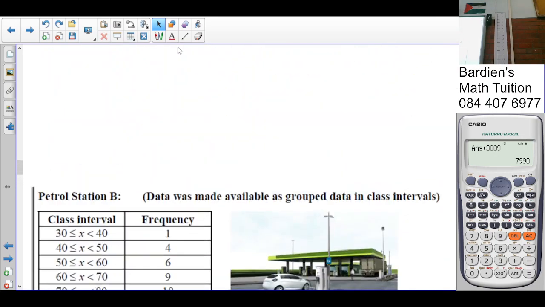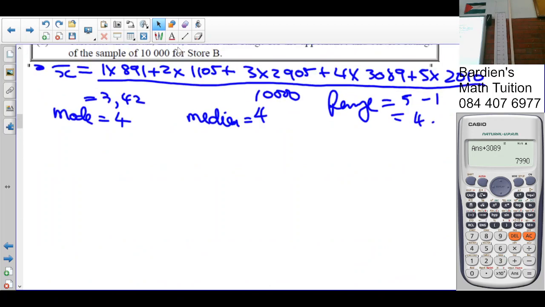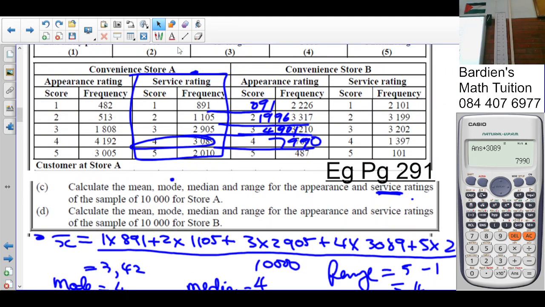We're on page 291, so it's 292. Page 296 in your textbook.